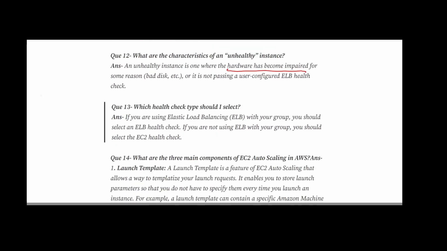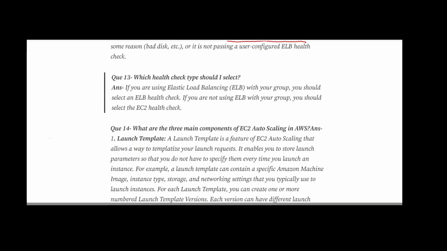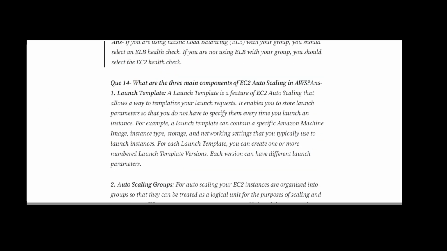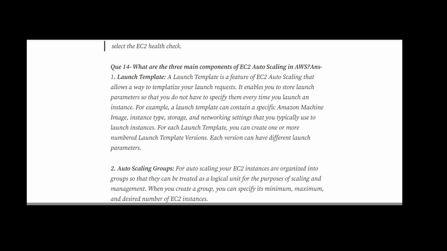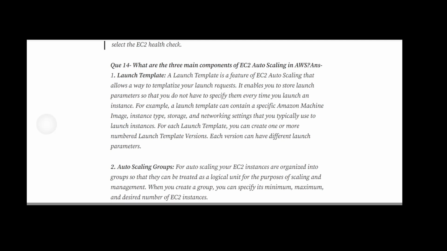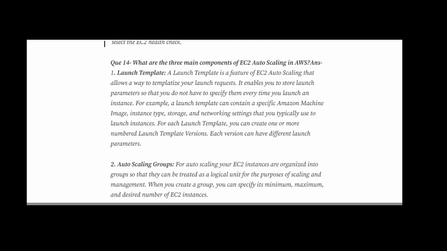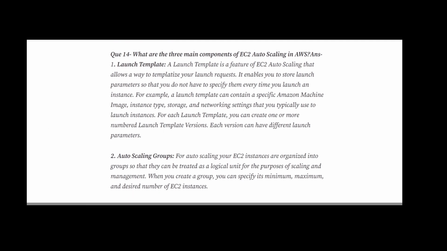It enables you to store launch parameters so that you don't have to specify them every time you launch an instance. For example, a launch template can contain a specific AMI, instance type, storage, and networking settings that you typically use to launch instances. For each launch template, you can create one or more numbered launch template versions. Each version can have different launch parameters too.